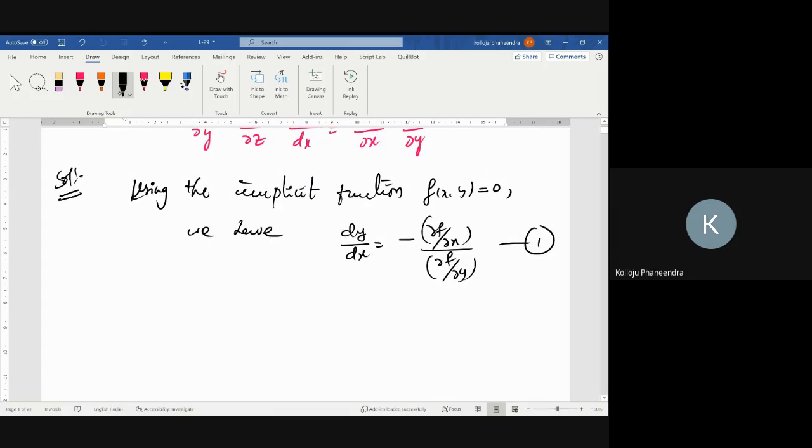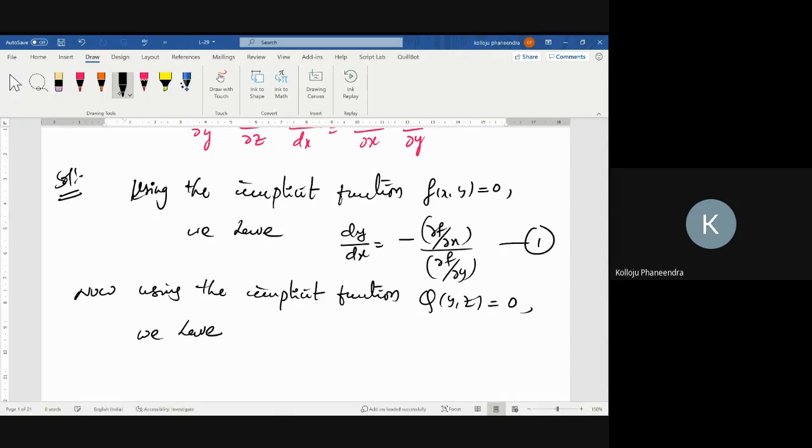Now, using the implicit function, another function is given as phi of y z equal to 0. Now we have y comma z in place of x comma y.